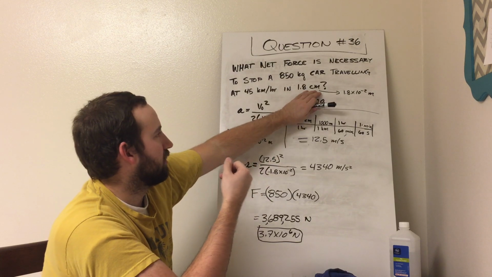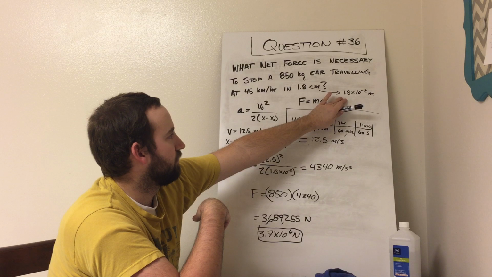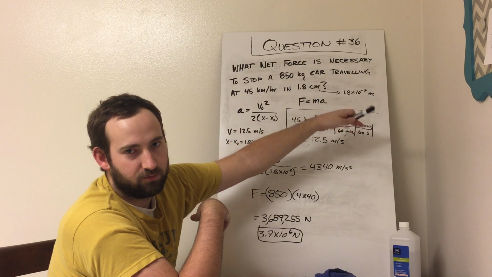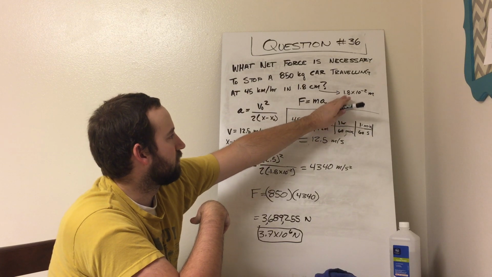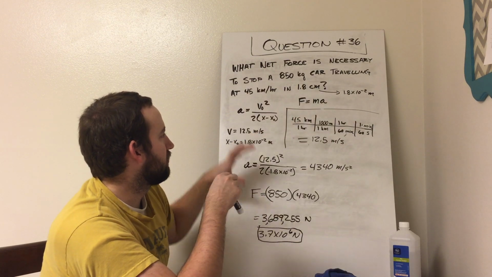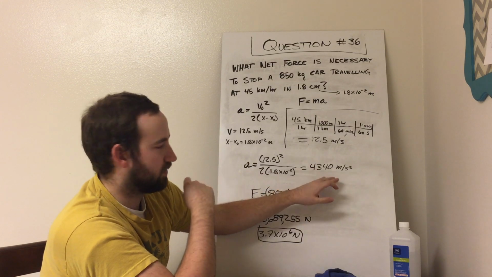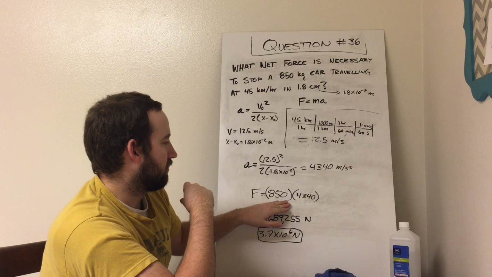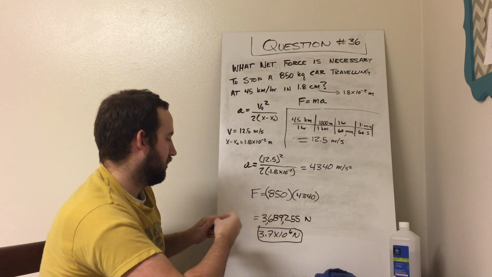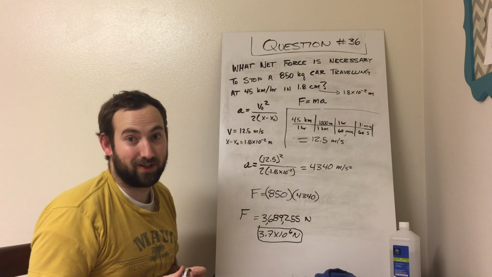Once again, we also had to change the units since centimeters won't work within our equation. We changed that to meters, found the acceleration, or the magnitude of the acceleration at least, then used force equals mass times acceleration to find the net force that would be necessary.